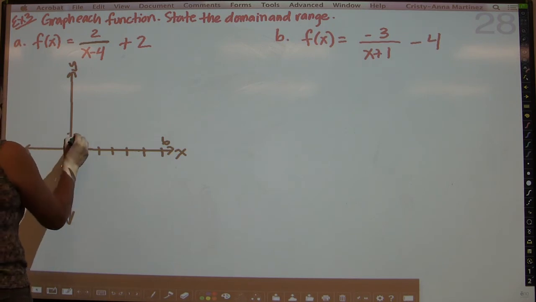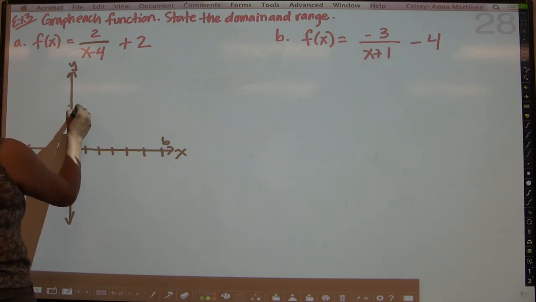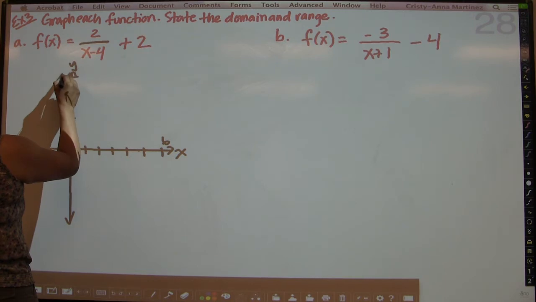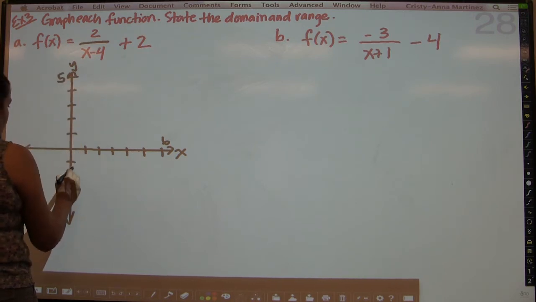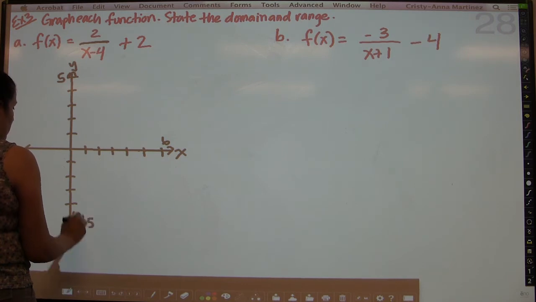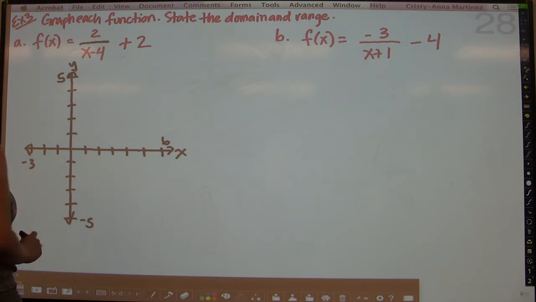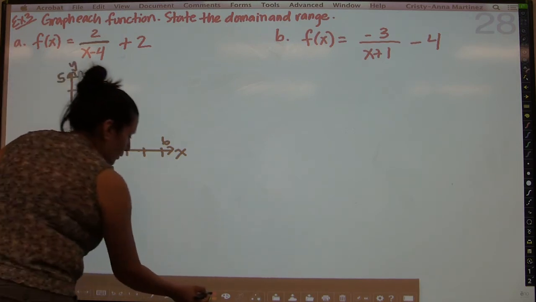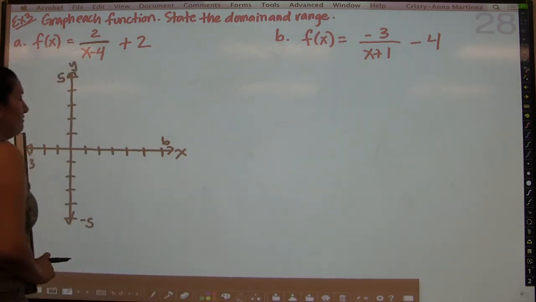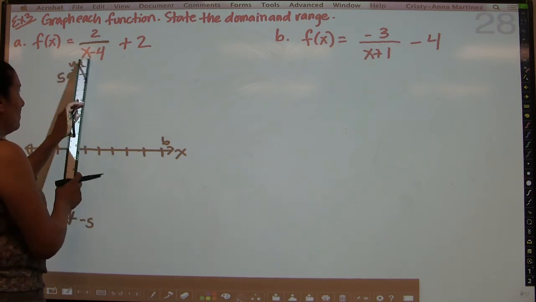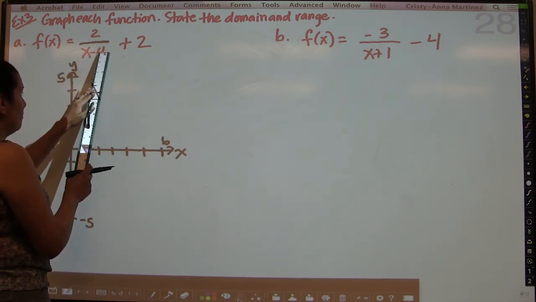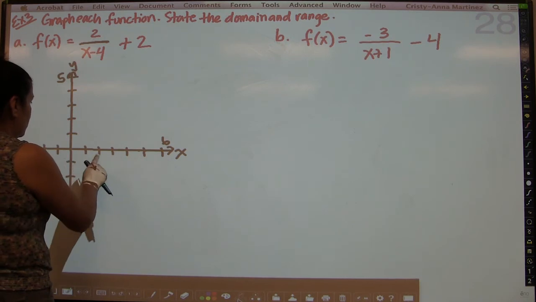And then we're going to go 1, 2, 3, 4, 5 over here. And 1, 2, 3. Okay, so what I'm going to do is draw in my vertical asymptote, which I know is going to be 4, because x minus 4 equal to 0 is going to be x equals 4. So 1, 2, 3, 4.